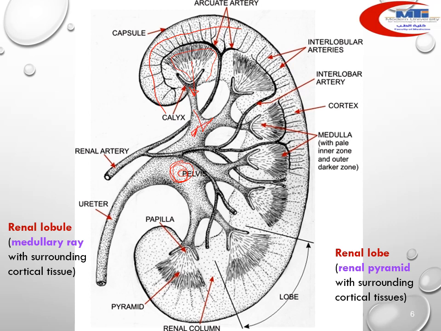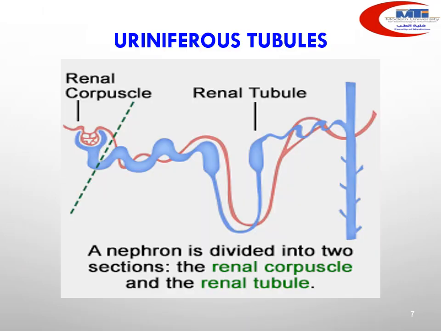You have some cortical tissue extending in between the medullary pyramids, and it is called the renal column. This is the renal lobe, formed of part of the cortex and part of the medulla. And this is a medullary ray.